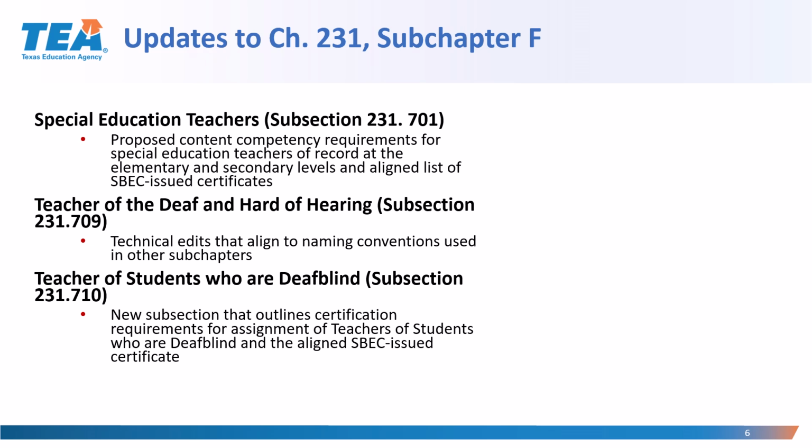Next, 231.709 for teachers of the deaf and hard of hearing, which included technical edits to align naming conventions used in other subchapters. And finally, rulemaking included a new subsection 231.710 that outlined certification requirements for assignment of teachers of students who are deafblind in the aligned SBEC issued certificate.